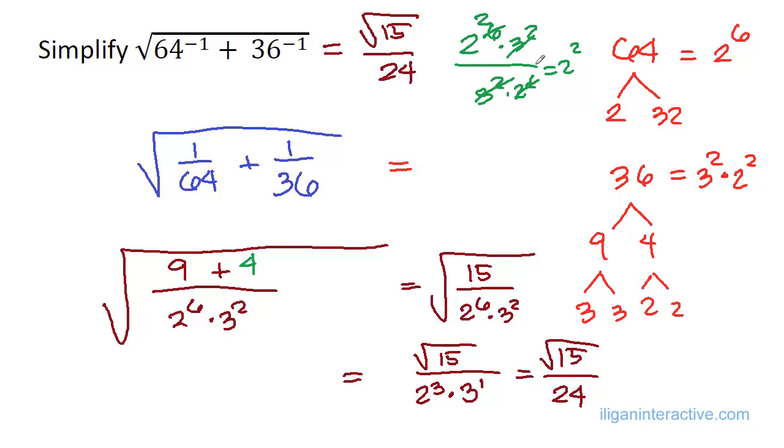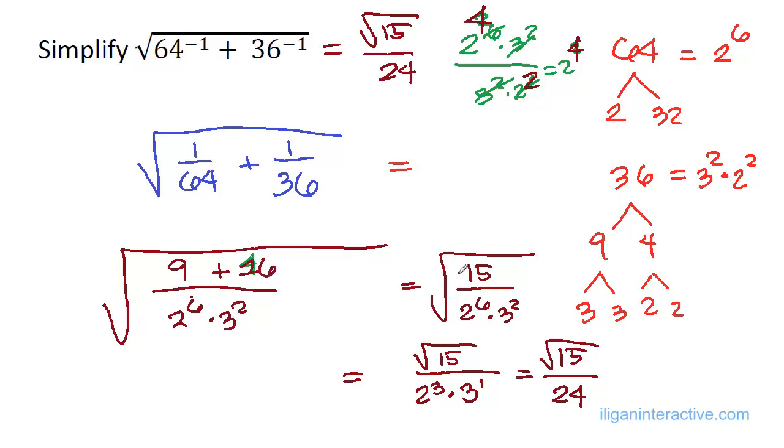Wait, I think I made a mistake somewhere. I think this is where I made a mistake. When I take the LCD of 36, this divided by 36 is not 3 squared times 2 to the 4th, but just 3 squared times 2 squared. So I will be left with 2 to the 4th. Sorry for that. So this must be 2 to the 4th, or simply 16, not 4.